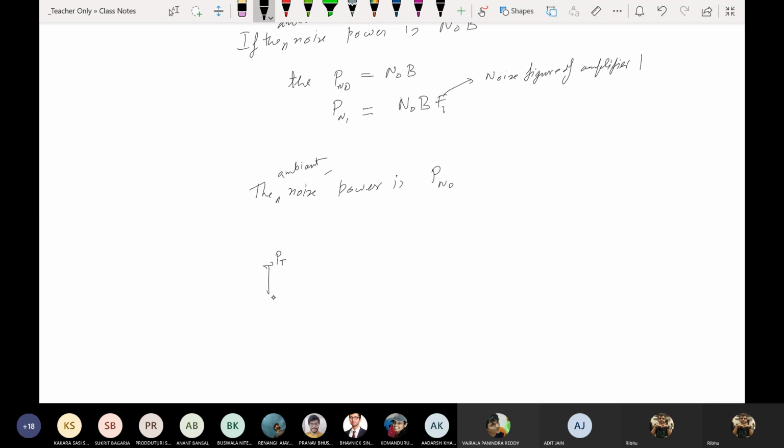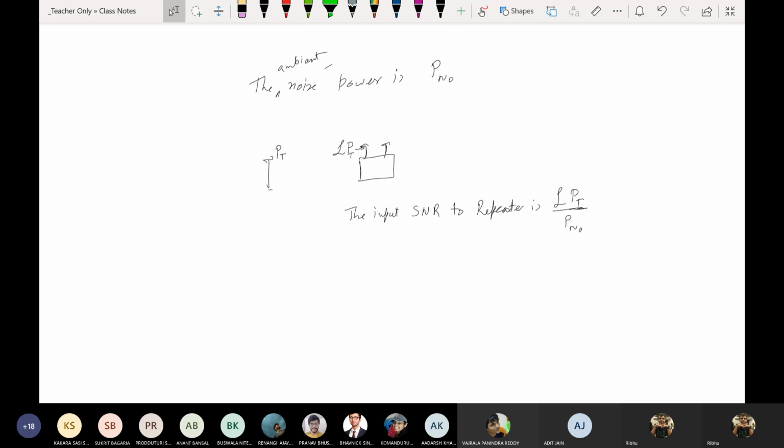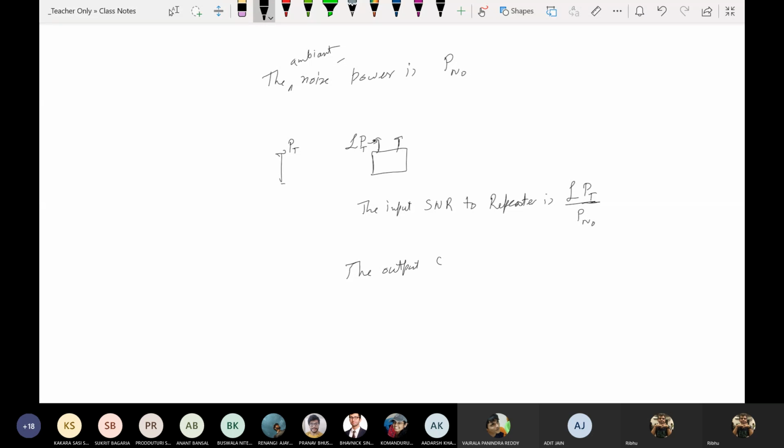You transmit PT, and you receive PT by L. So the input SNR to the repeater is PT by L kT0B. The output SNR is PT by L F kT0B.